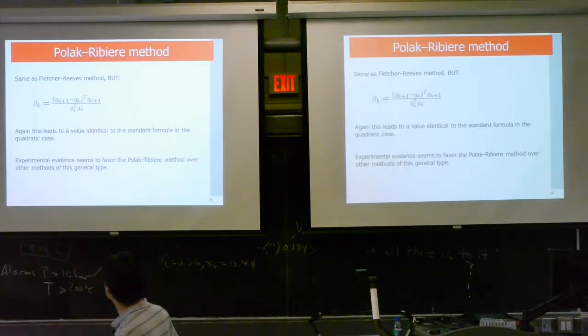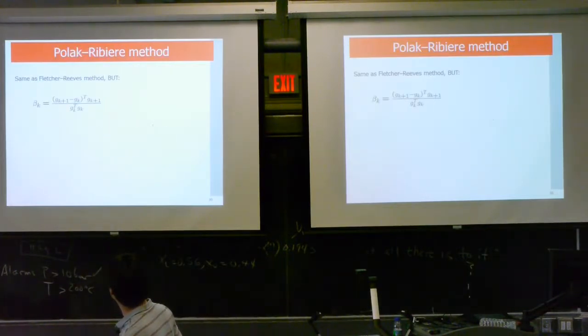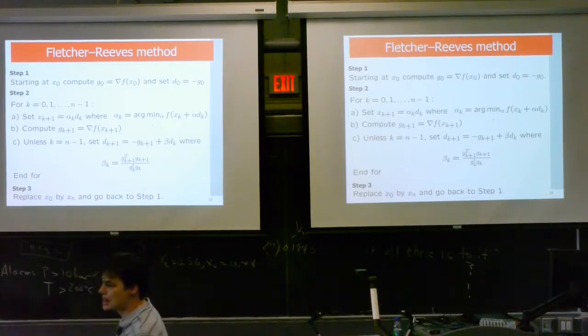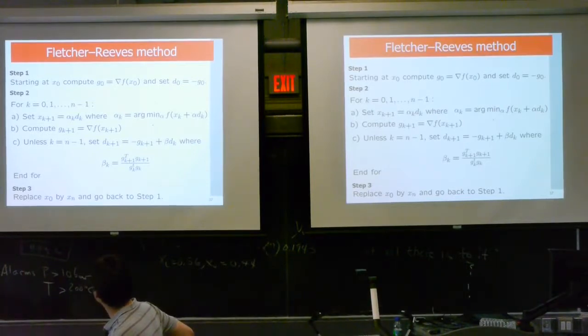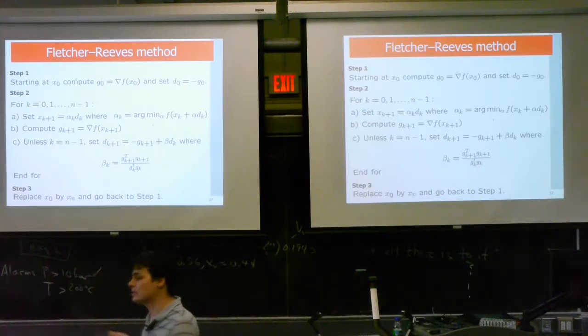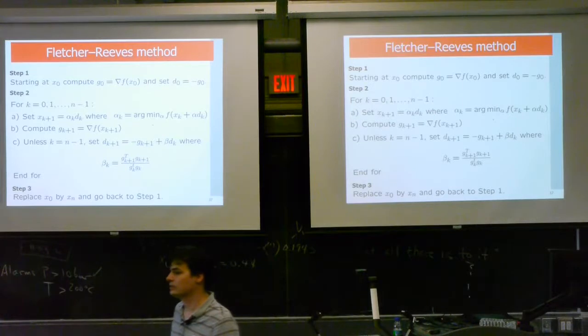Mm-hmm. Fletcher-Reeves method. So for step A, the minimization problem for alpha, is it easy in many cases? No. It's the same as with gradient descent, right?